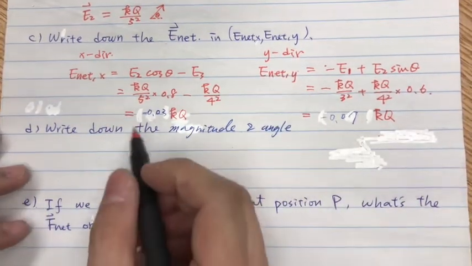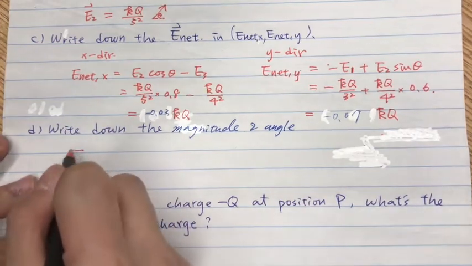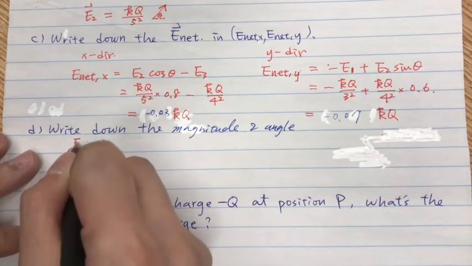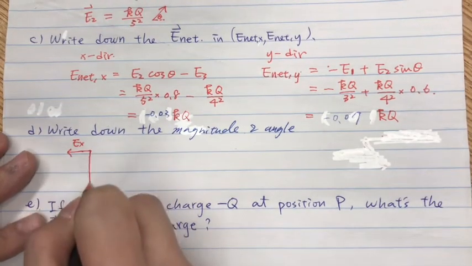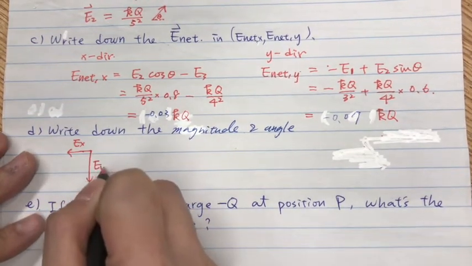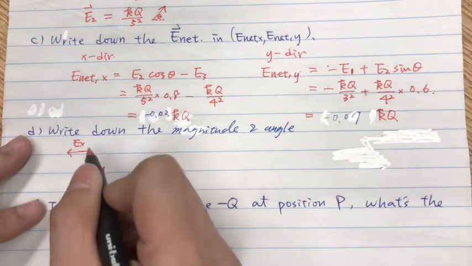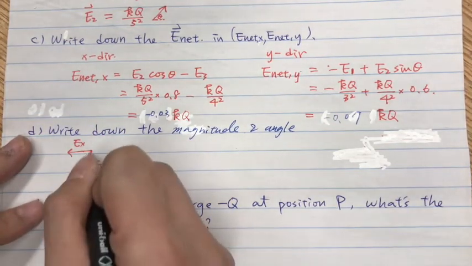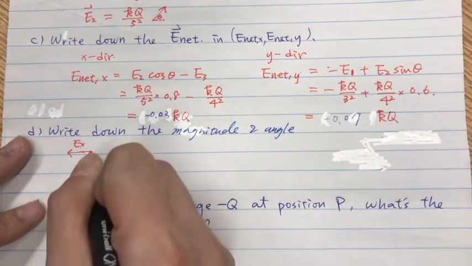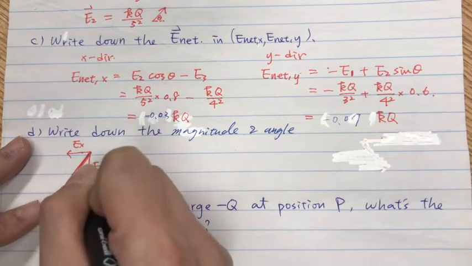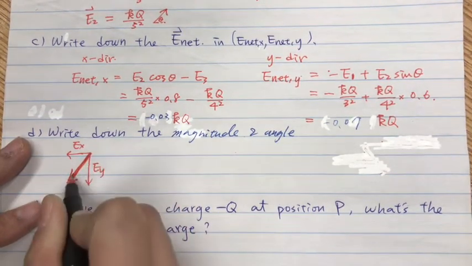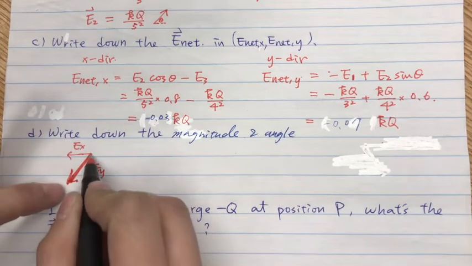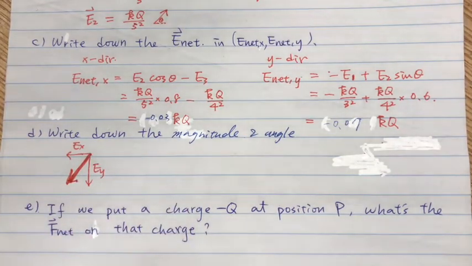If I want to draw this out, this is the x component, this is the y component. So since we have the x component and y component, my net electric field is the vector pointing in this way with this amount of magnitude.